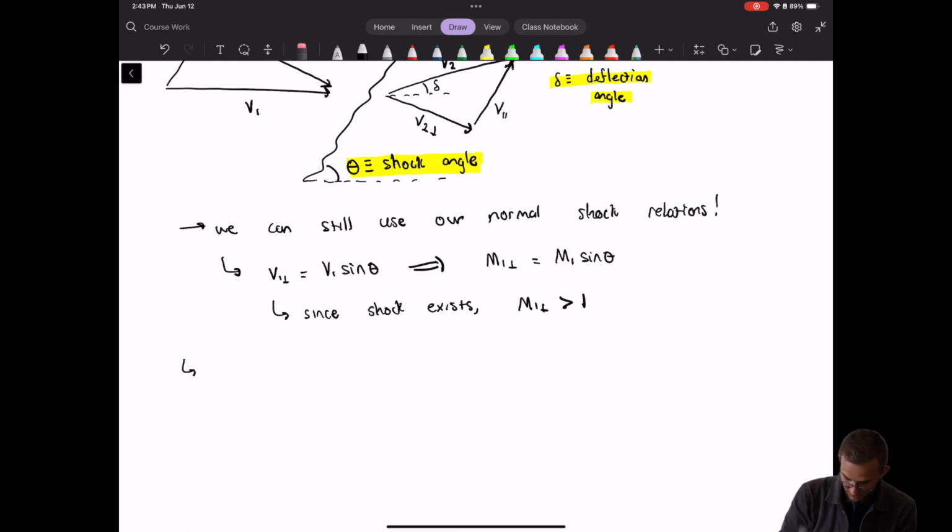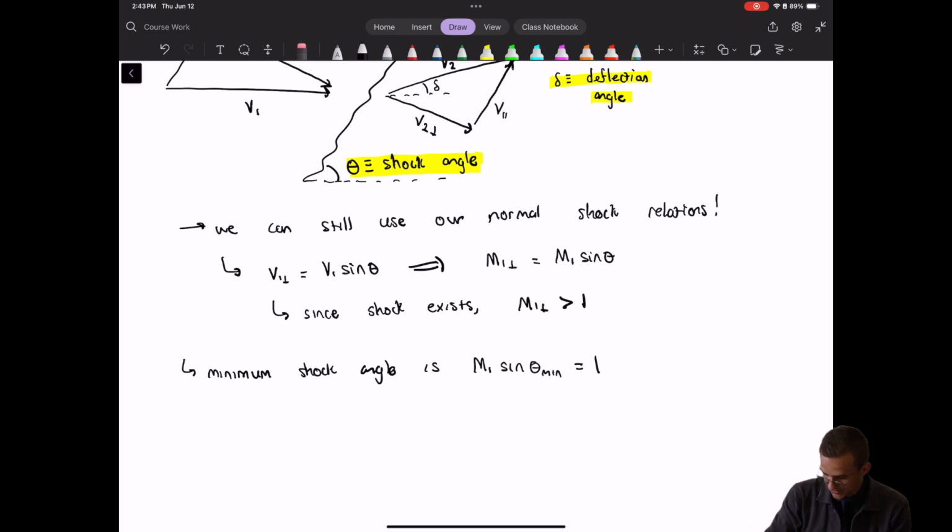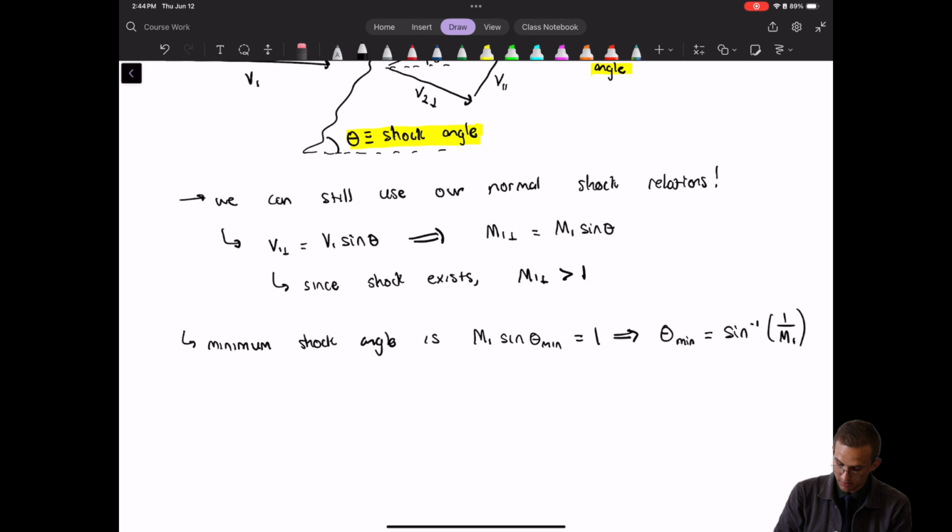The minimum shock angle is when M1 sine theta min is equal to 1, which tells you that theta min, which itself is a function of the upstream Mach number, is equal to the inverse sine of 1 over M1, which you may actually recognize from our discussion about the Mach cone.